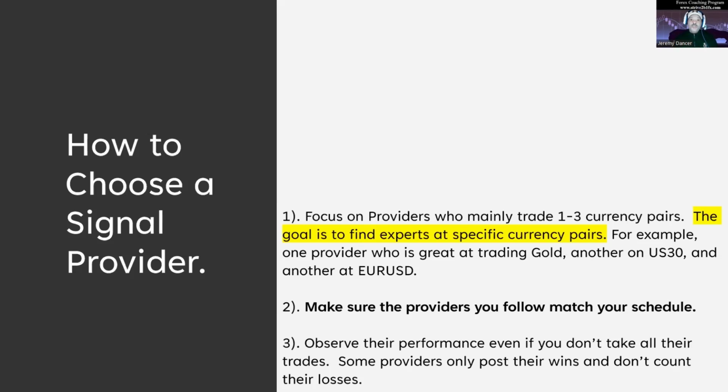Focus on those providers where you see, wow, they only really focus on maybe 1 to 3 currency pairs. Those are the guys who are going to be experts at those currency pairs. And even if they only have 5 to 10 signals per week, that's pretty good because that means your accuracy is going to be very good. And in the long run, you're going to make money with those guys in comparison to those providers who are giving you like 20 signals per day.